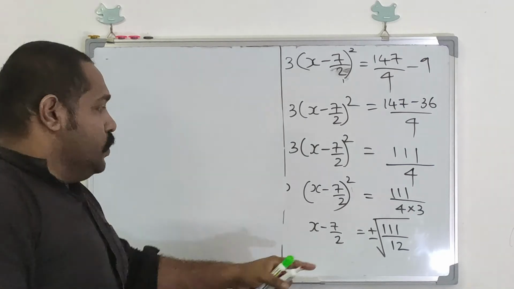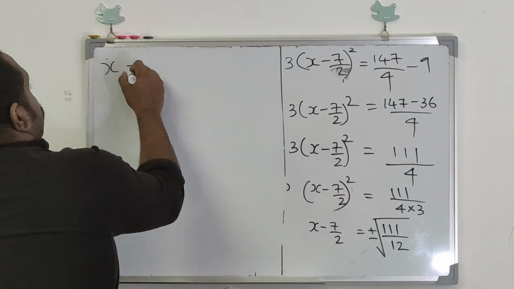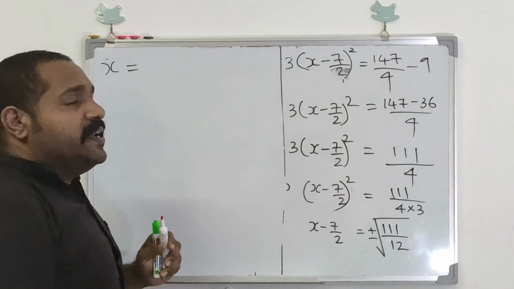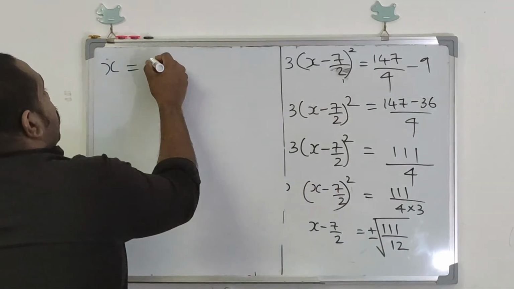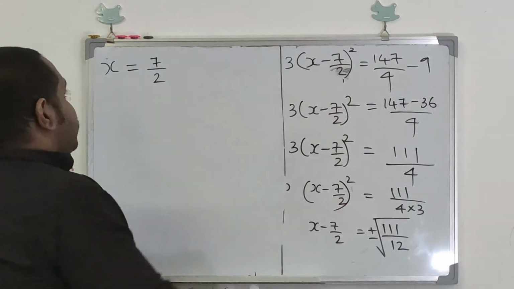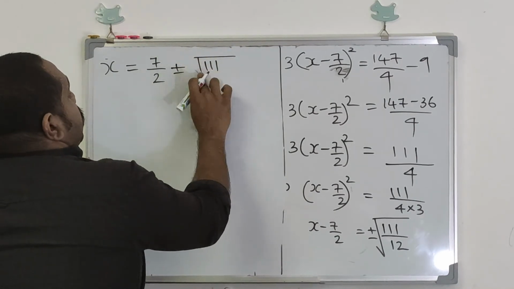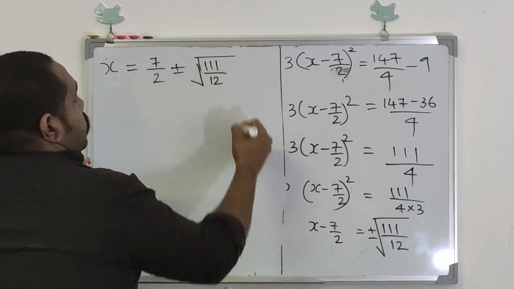Now we need to find the value of x, right? So x is equal to, you can bring this minus 7 by 2 to that side. So it becomes plus 7 by 2, because minus is going to that side, plus or minus root of 111 over 12.